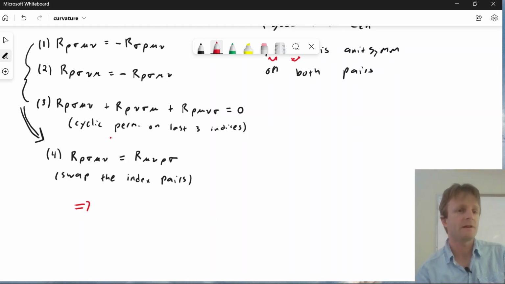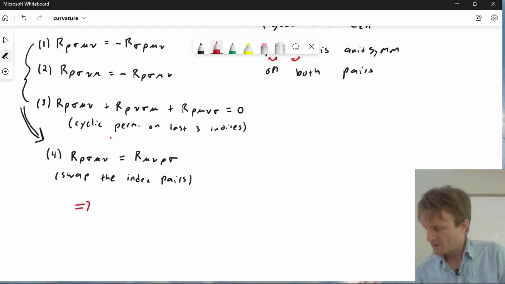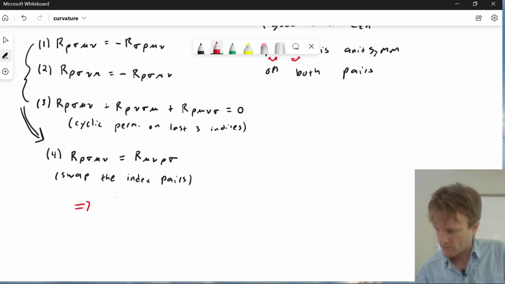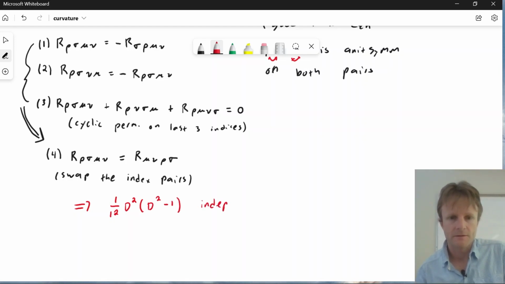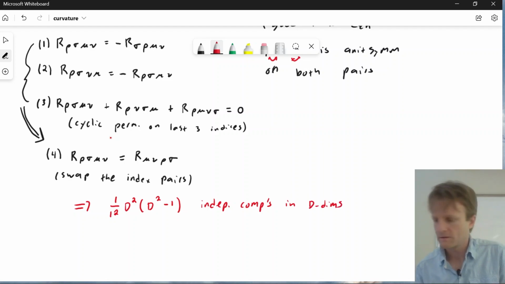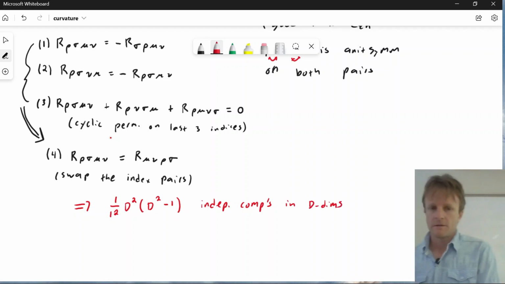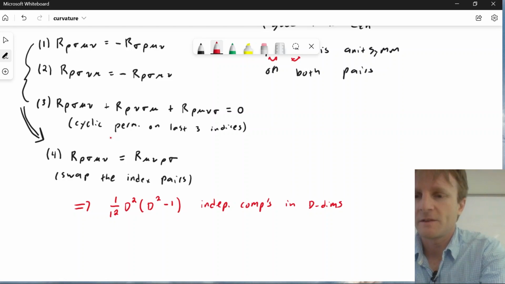But because you have these different properties, it turns out the answer is 1/12 d squared (d squared minus 1) independent components in d dimensions. So that's down from d to the 4, but still a lot.